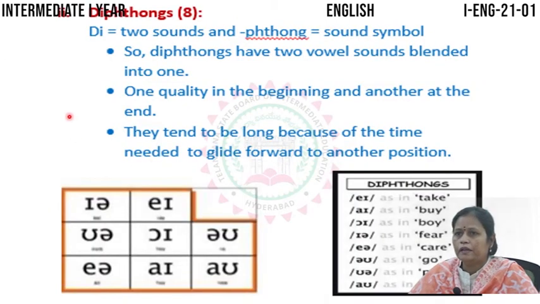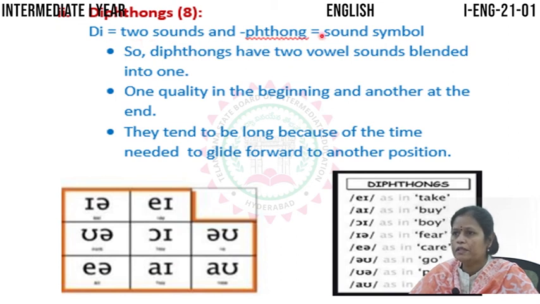So those were the long and short vowels, 12 which we have seen. Let us move on to diphthongs, which are 8. This prefix di can be pronounced as di or die, in both ways, which means two.